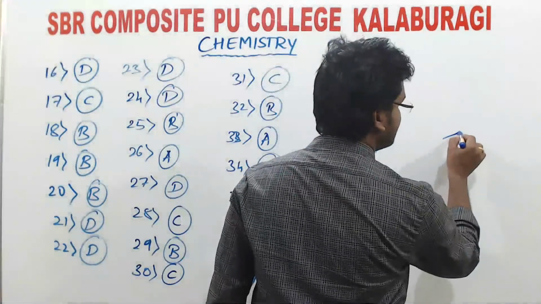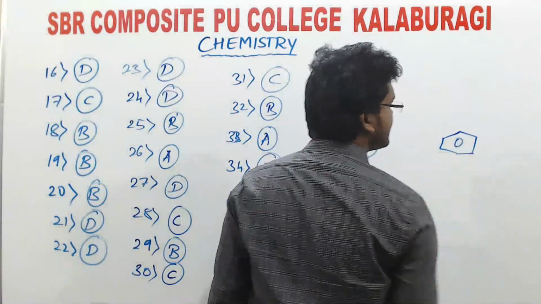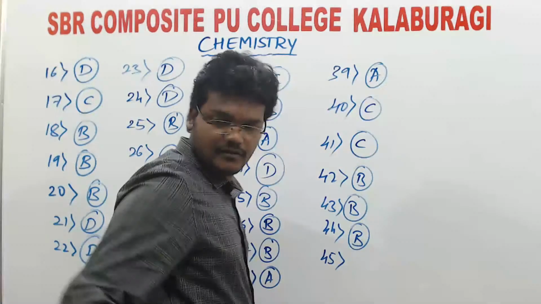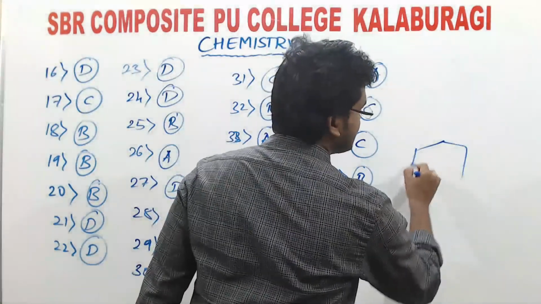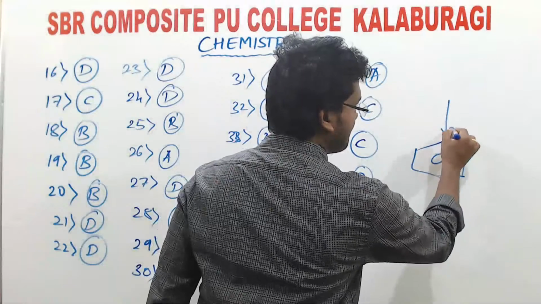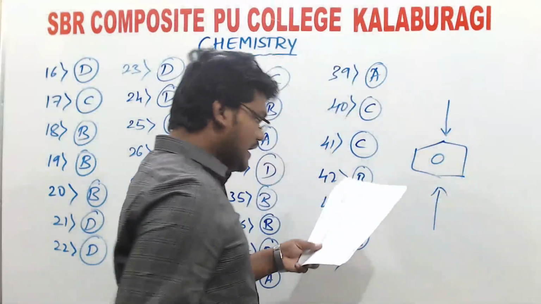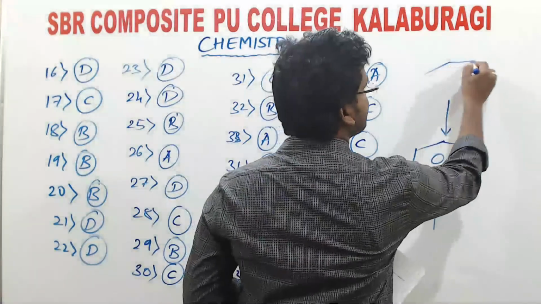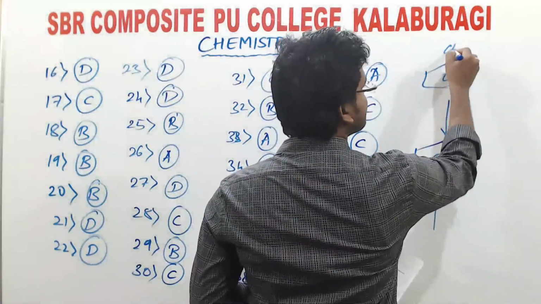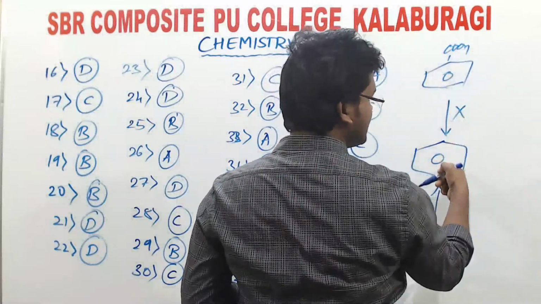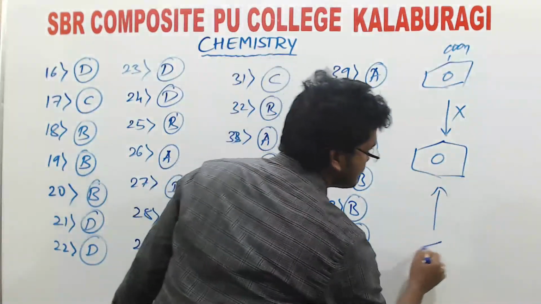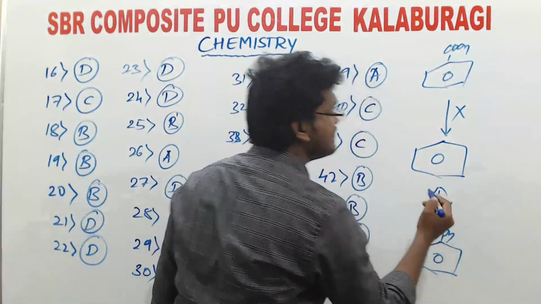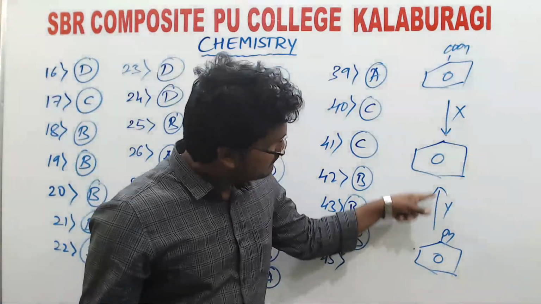This benzene can be obtained either by heating benzoic acid with X, which will give you benzene, or phenol with Y, which will give you benzene. This is the question.